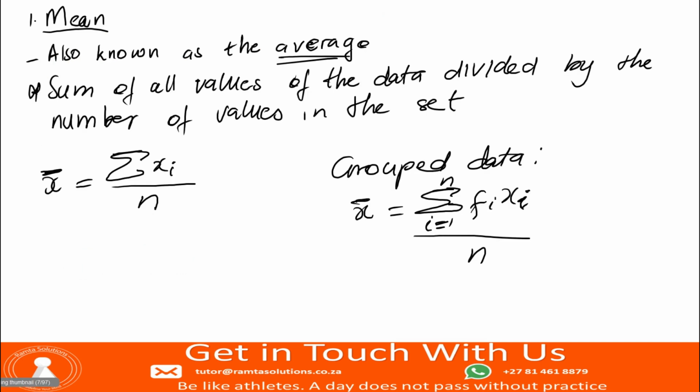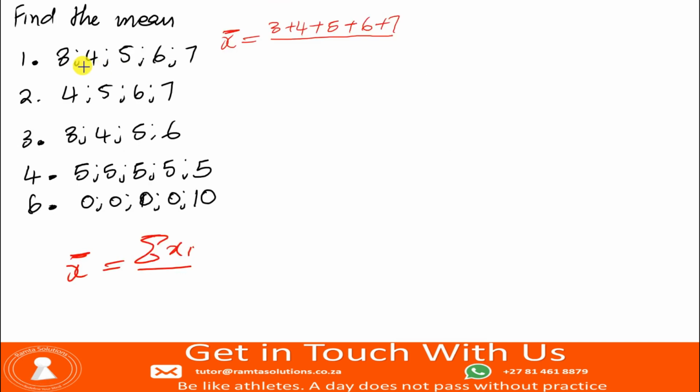Remember, divided by the number of values in the set. 1, 2, 3, 4, 5. Divided by 5. 3 plus 4 plus 5 plus 6 plus 7 is 25. So this is 25 by 5. Now what is our mean? Our mean for this one is 5.